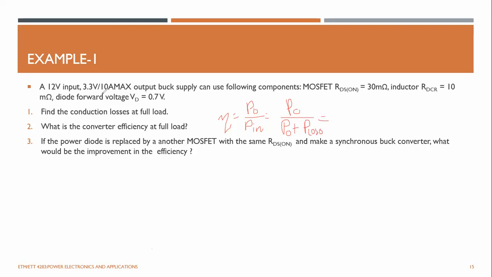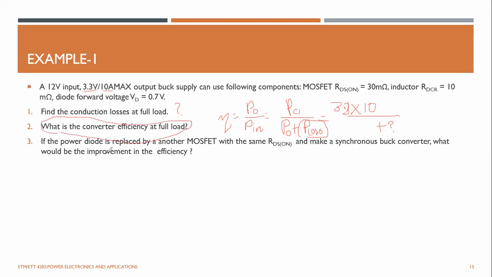So output power is simply 3.3 times 10 amps, added to the power loss that you have calculated here. You can substitute and find the efficiency of the converter, right?